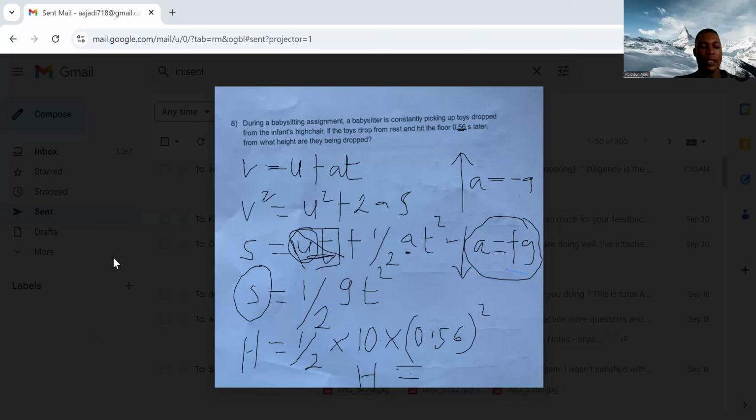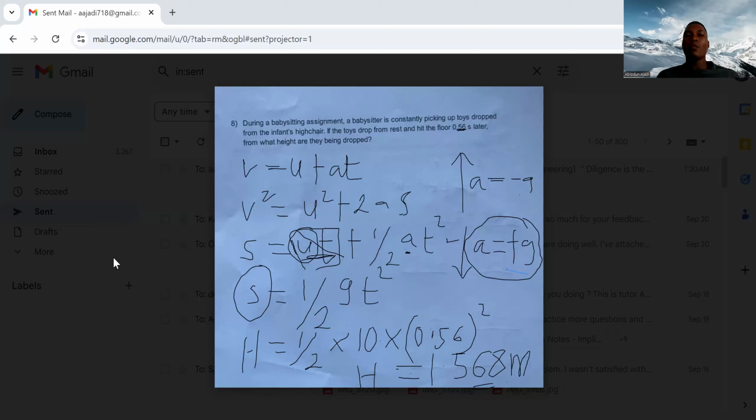Then 0.56 squared will give us 0.3136. So I'll multiply that by 5. Then I'm going to have the height to be 1.568 meters. So that is how to go about that particular question.